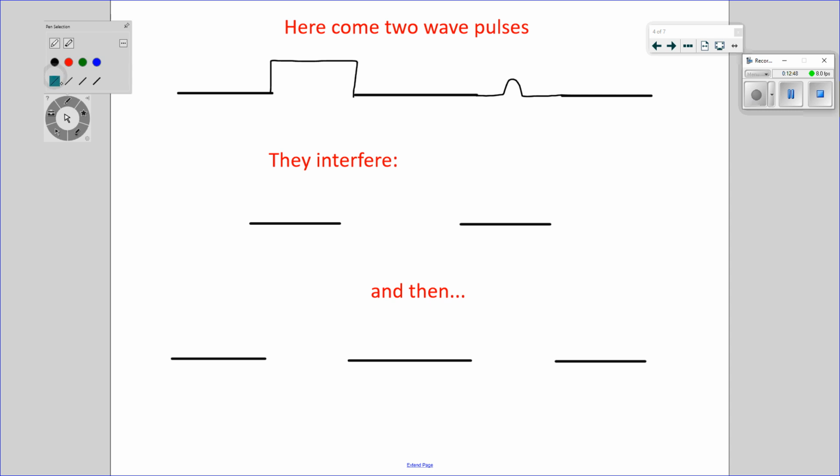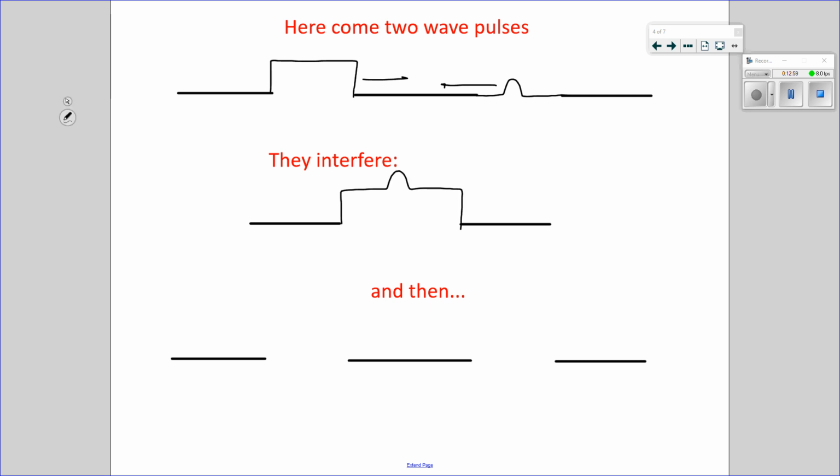This thing's coming this way and that one's coming this way. When they interfere, we're going to get something that looks like that, at least for an instant. And then the things keep on going. Big block that way, a little nub this way.